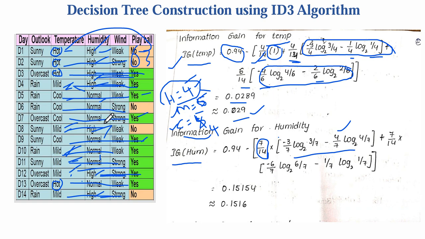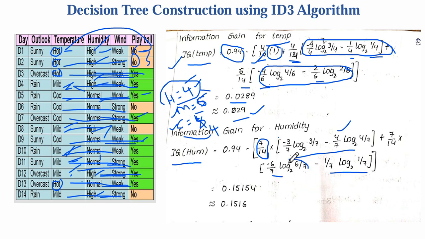So the remaining is the normal class: normal yes, normal yes, normal yes, normal yes. Clear? Again we have 6 records belonging to yes, and 1 record belonging to no. That means 7 by 14 into, clear.